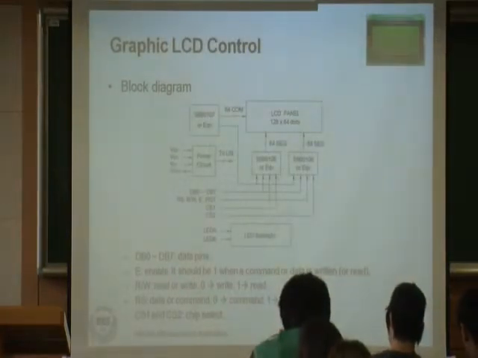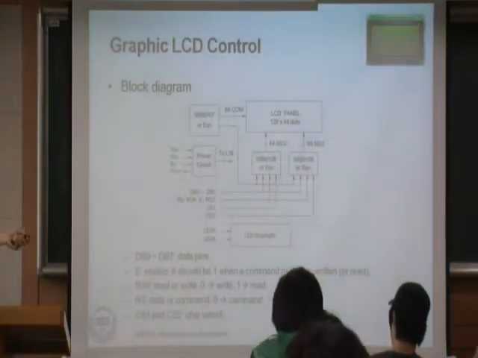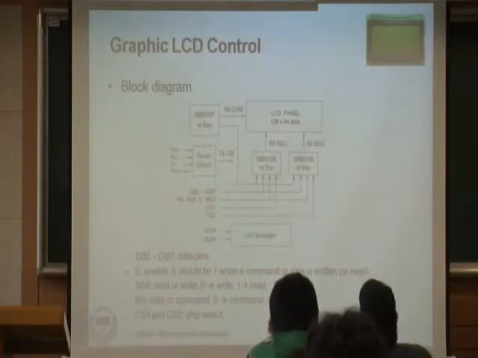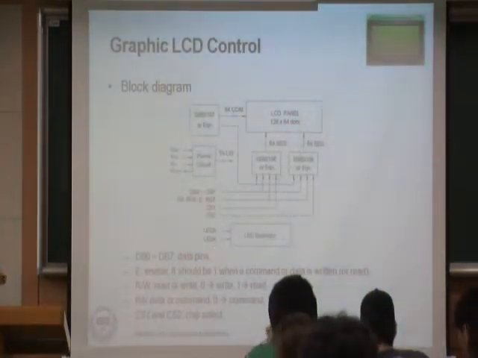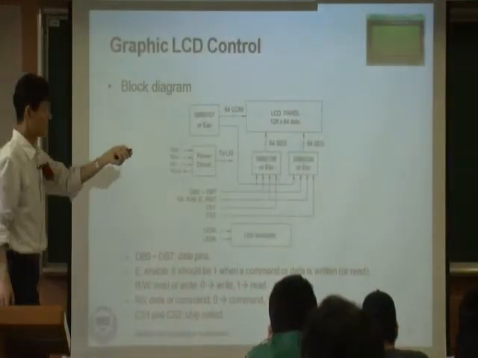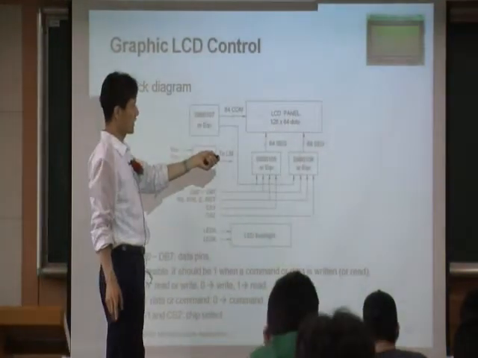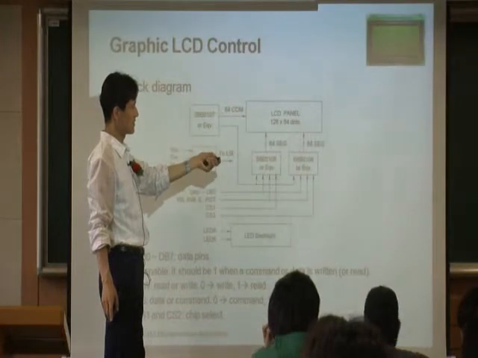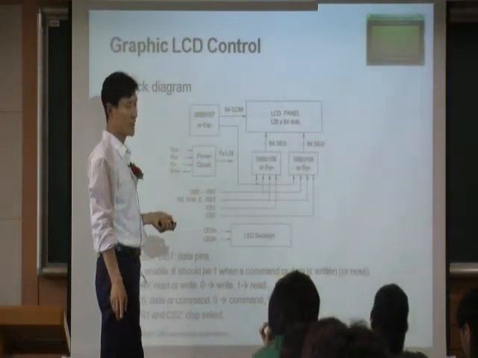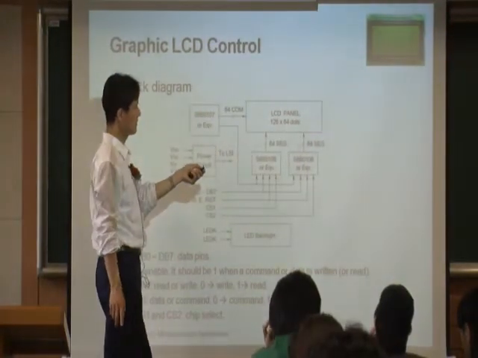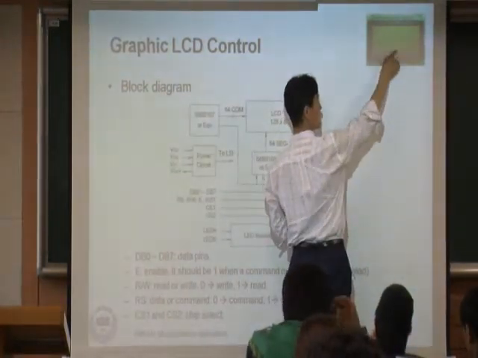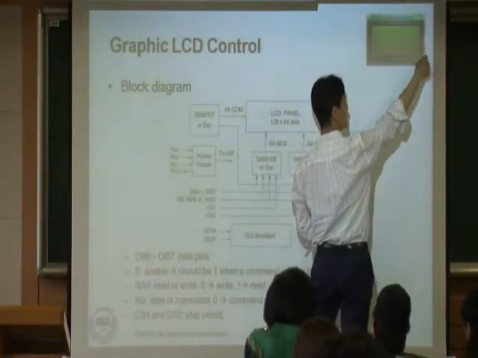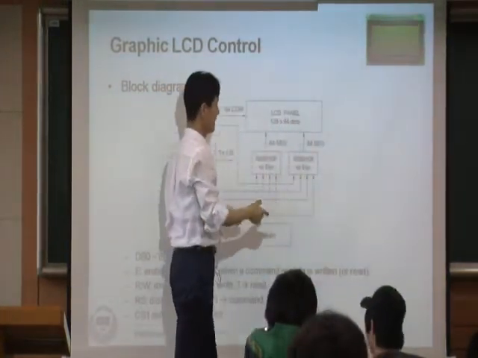There's also graphic LCD like this. In graphic LCD, it actually depends on the LCD, but this one shows you one example. In this particular LCD, which is 128 by 64 dots, this is a black and white graphic LCD. So this LCD has a left 64 by 64 and a right 64 by 64.